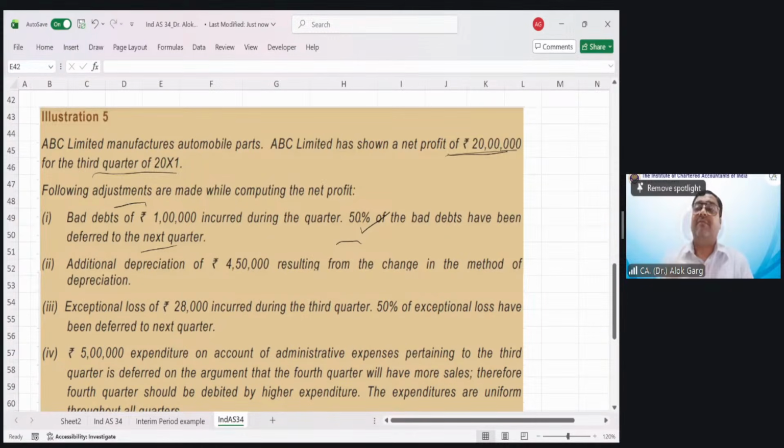So friends, whether you follow accrual basis of principle or not in your interim financial statement, you follow accrual basis of principle, right? So basically in this case, you arrive at a profit of 20 lakh, you had a bad debt of 1 lakh, but you recorded only 50,000. And 50,000 bad debt you defer to the next quarter. Is that clear? Friends, is that right?